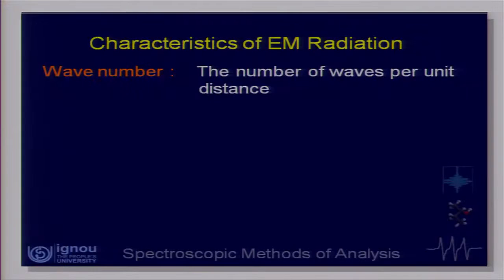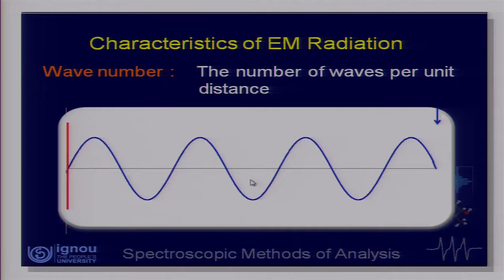Okay. Now, let us move further and take up yet another characteristic of EM radiation, and that is wave number. As the name suggests, wave number is defined as the number of waves per unit distance. Let us look at this. I have a wave here, starting from somewhere here and terminating here.